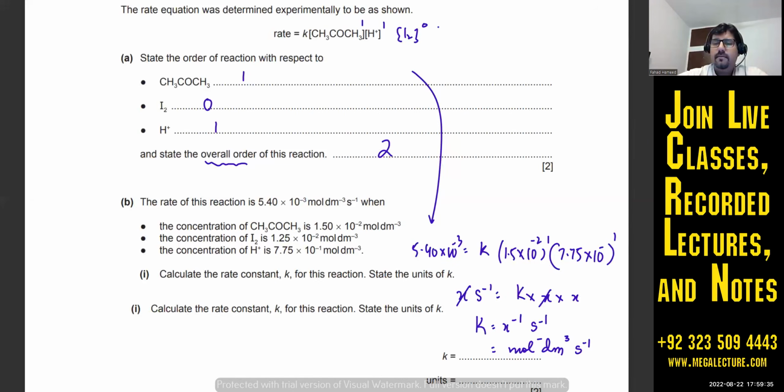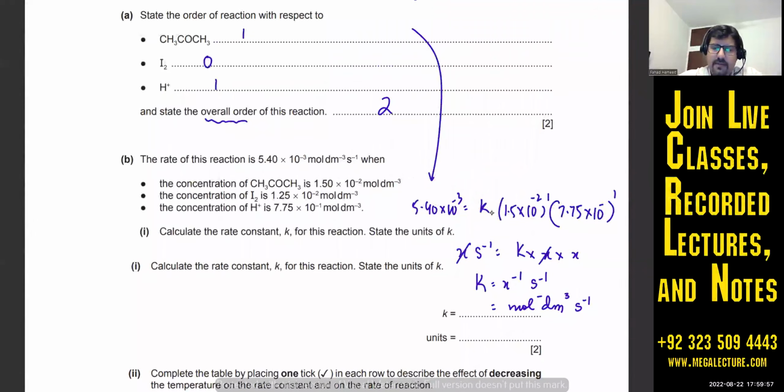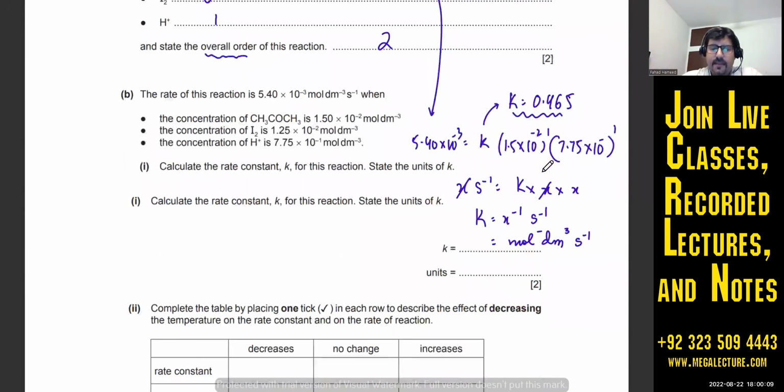Let me calculate the value of K. Okay, K comes out to 0.465. I guess that kind of looks right. So that's going to be my answer. I hope that's right. Okay.